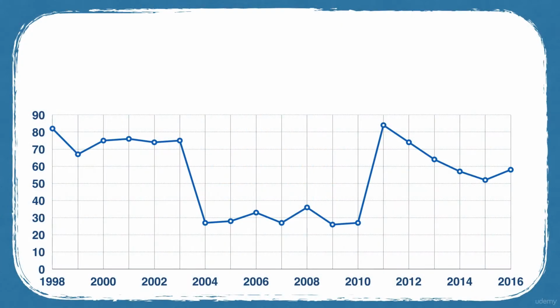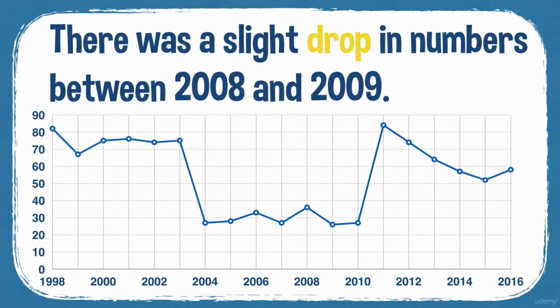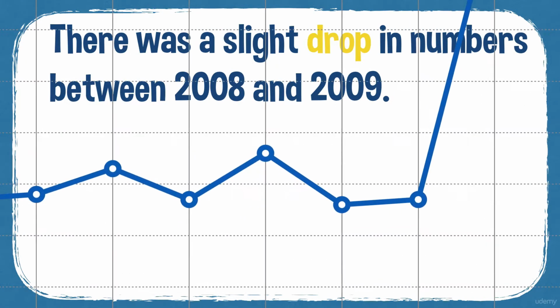Your next word is drop. This is another general word for downward trends. It's a very general word, in fact, useful for small, kind of uninteresting decreases, nothing exciting. So there was a slight drop in numbers between 2008 and 2009.